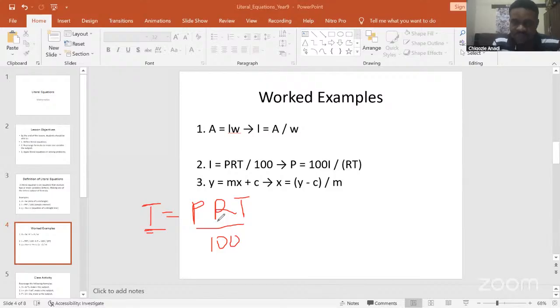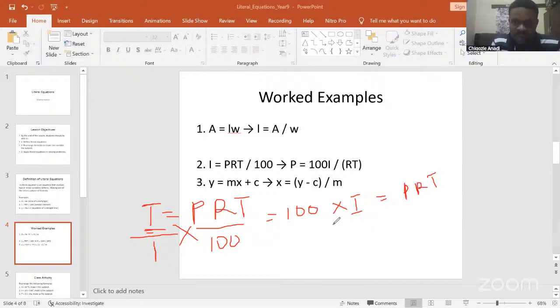In order for us to make P, the principal, the subject of the formula, we write the interest as interest over 1, changing it into a fraction. The next thing is to cross multiply. So this is going to be 100 times I is equal to PRT, because PRT times 1 gives PRT.